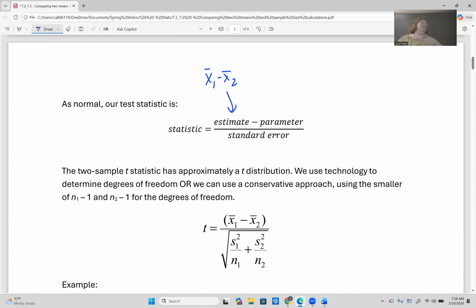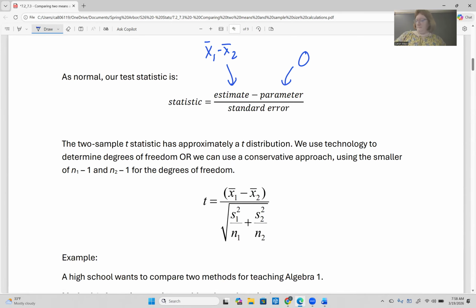Typically we don't want a difference in the means, or we're trying to see if there's a difference in the mean. Meaning our parameter is that there is no difference in the means. So we plug in 0 for our parameter. And then the standard error is that long formula of the square root of s1 squared over n1 plus s2 squared over n2.